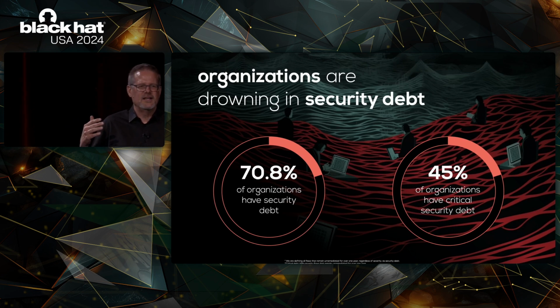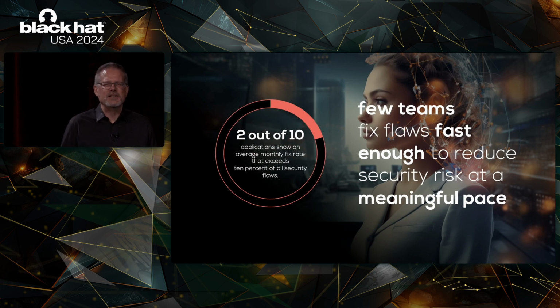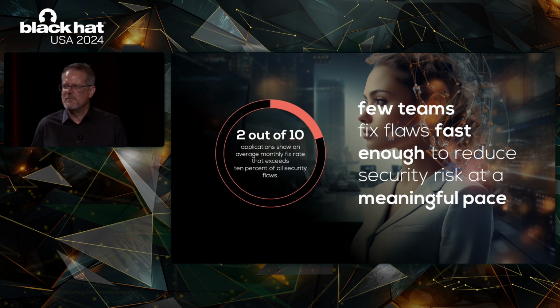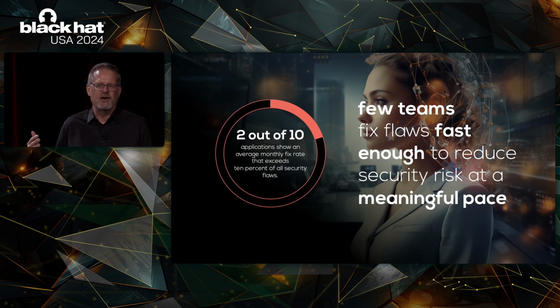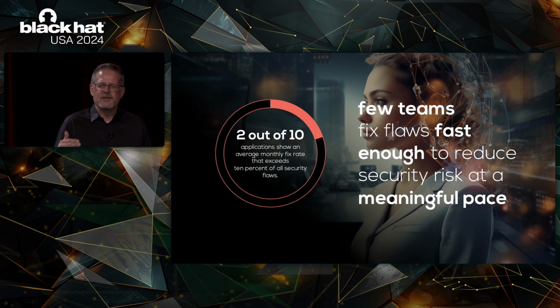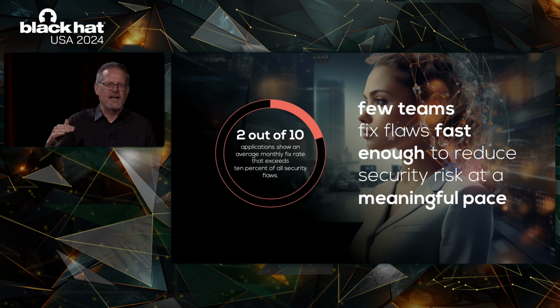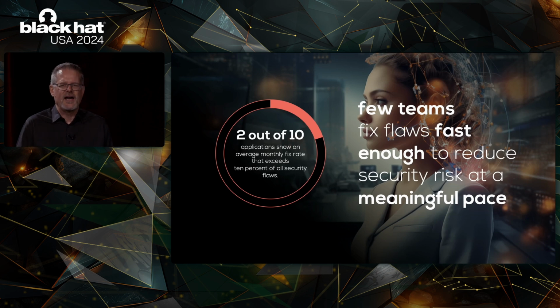So obviously, we have a flaw accumulation problem. And then we looked at, well, some teams must be doing it right. Like, we have to have some organizations and teams that are fixing their code. And it turns out only about 20% of the application development teams out there are actually applying enough effort to fix and either maintain their security debt at a level or have it go down.